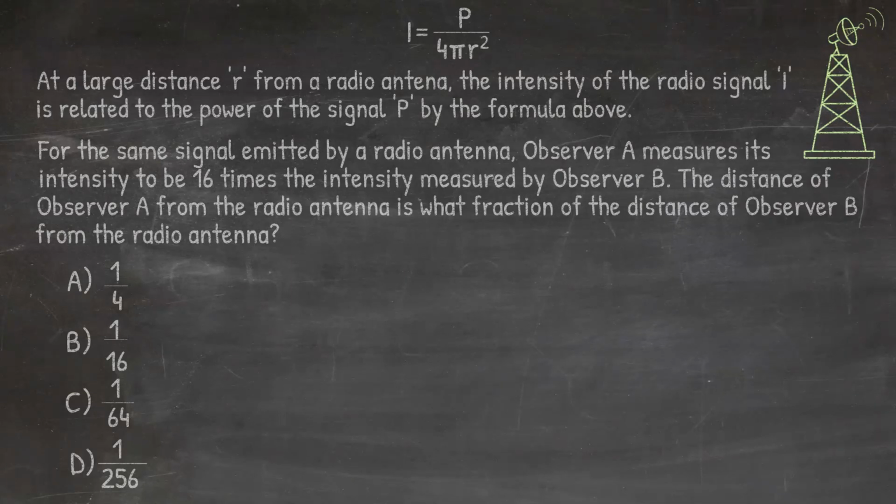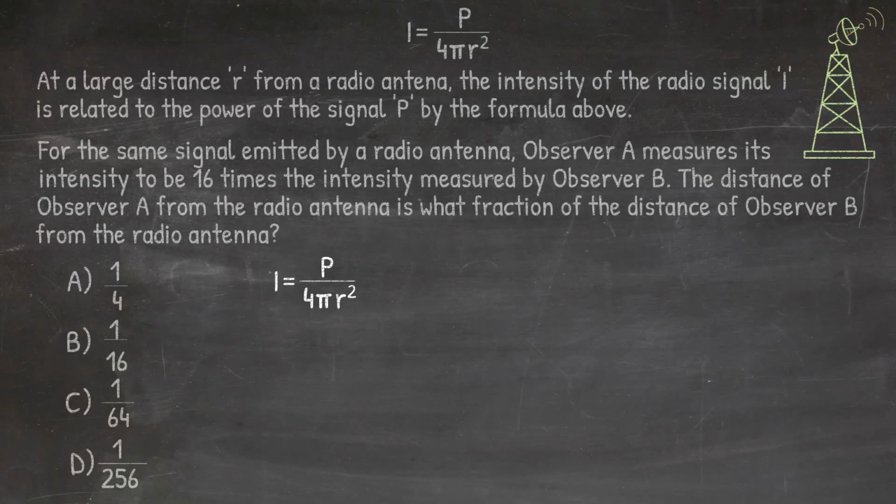We are offered a mathematical formula describing how the intensity works. The intensity I equals P, the power of the signal, divided by 4 pi r squared. R, as we know, is the distance. It is in the question in the first sentence.